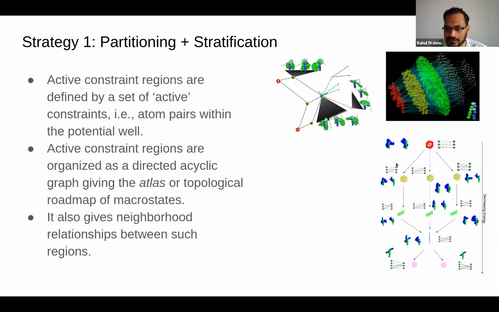As you can see in the graph, they have the same constraints as the parent, but one additional extra constraint. So the same here, the same here. And we stratify it this way. So you have 5-dimensional regions where just one constraint is active, then there is 4, and all the way we go to the bottom where all the configurations are rigid.